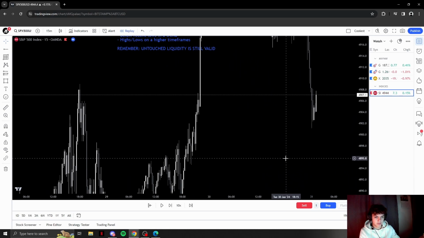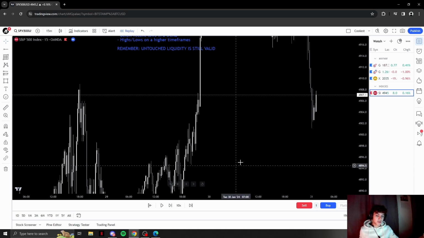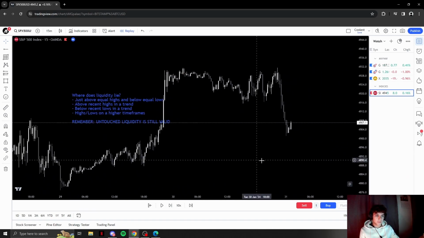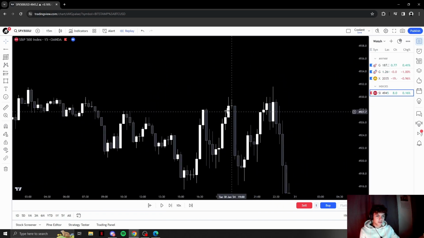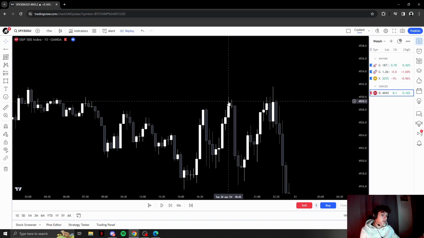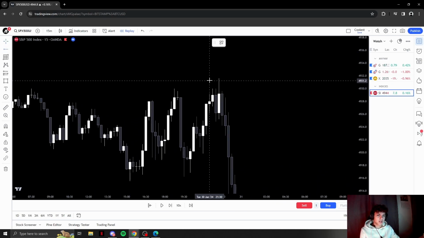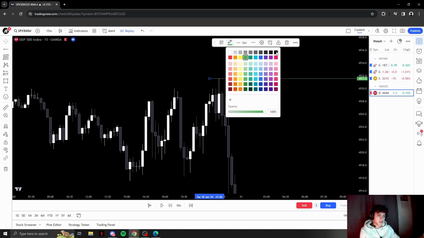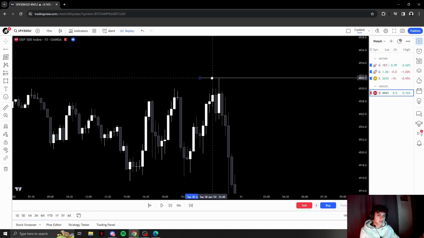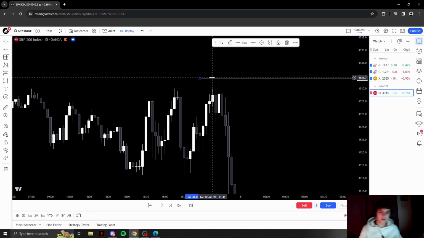Okay, that's real cool. So what I mean by valid, right here this liquidity gets swept, so this isn't valid anymore because it's already swept, so you don't need to mark it out. But this is liquidity that has not been swept yet, so it's valid. And once this gets swept, it's not valid anymore, but you know how it goes.